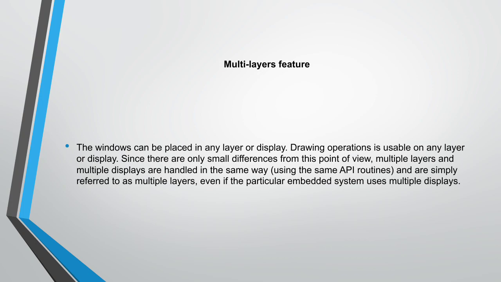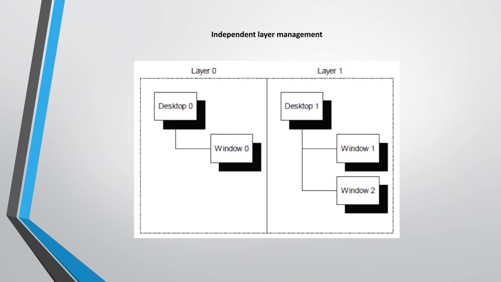Let's see the independent layer management. Here you can see layer 0 and layer 1 with desktop 0, window 0, desktop 1, window 1 and window 2. This is how the structure of an independent layer management system would be.